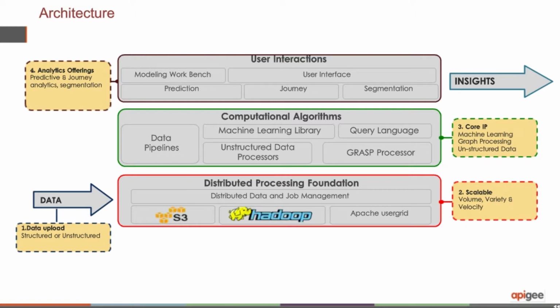This is where our secret sauce resides. For example, we have a graph processor here, which is the piece of code that does graph aggregations for us. The topmost layer is the user interactions, where we expose our capabilities to various user interfaces. Alan just went over the user interface for us.